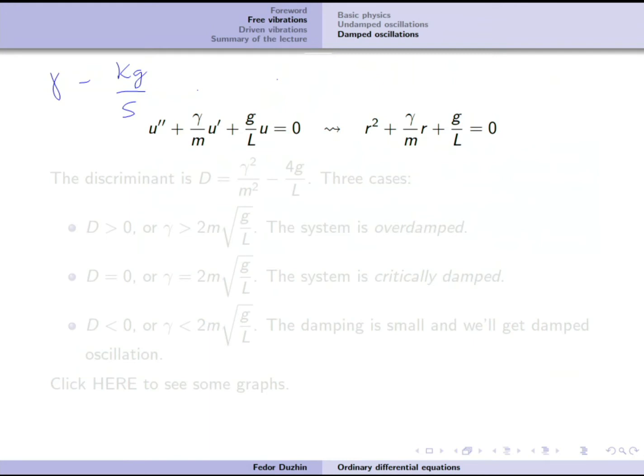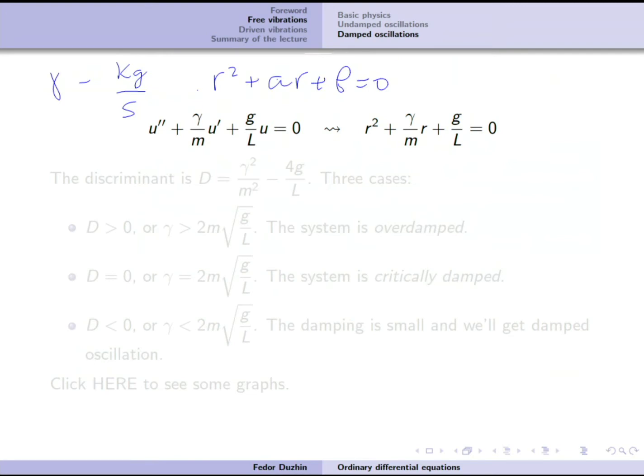Another very, very important observation here is that all the coefficients are positive, right? And so the characteristic equation basically has the following form: r squared plus a r plus b is 0, where a and b are positive.